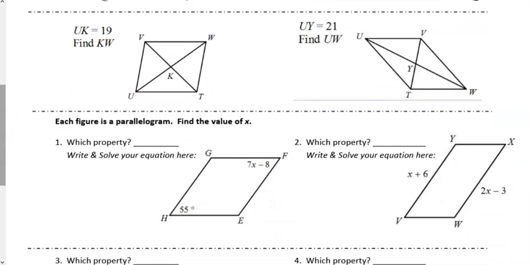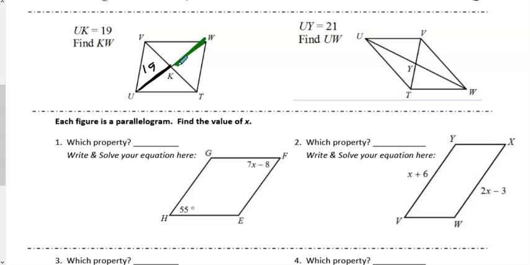Okay? UK. This is a very important label. Maybe you can highlight. Where's UK? It's right here. It's also across the ocean from America, but that's something else. So, UK is 19. It wants us to find KW. Now, this is one of those ones where you've got to pay attention. Is it asking for the part or the whole?